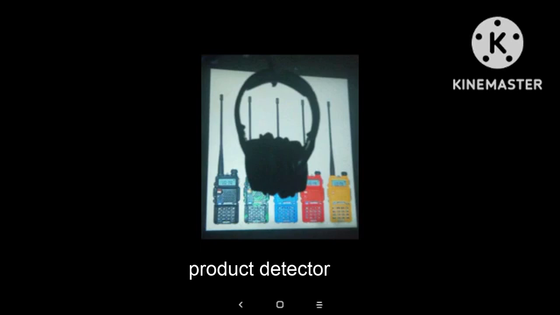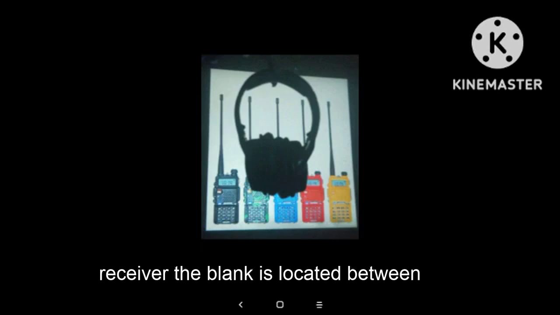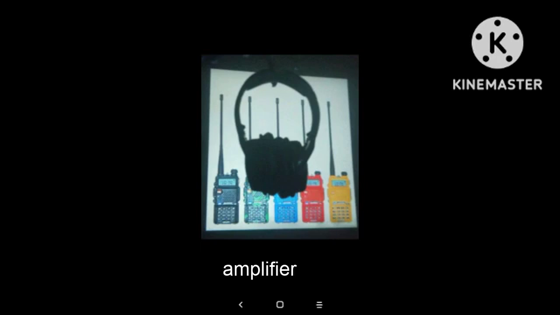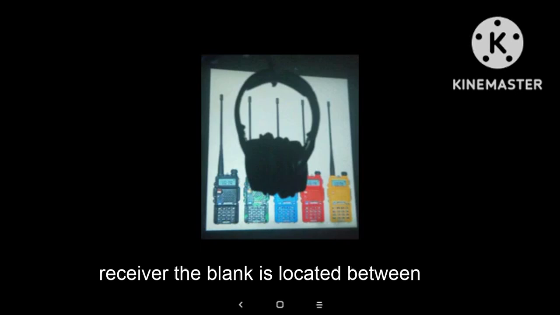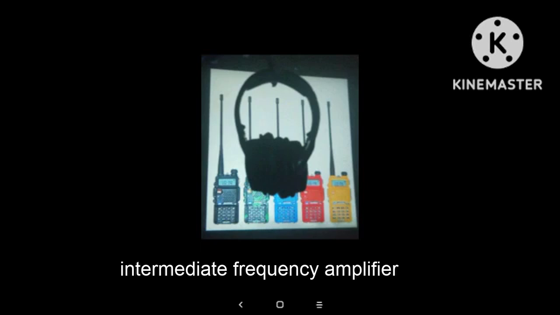Product detector. Number 10. In a frequency modulation receiver, the blank is located between the limiter and the audio frequency amplifier. Frequency discriminator. Number 11. In a frequency modulation receiver, the blank is located between the filter and the limiter. Intermediate frequency amplifier.